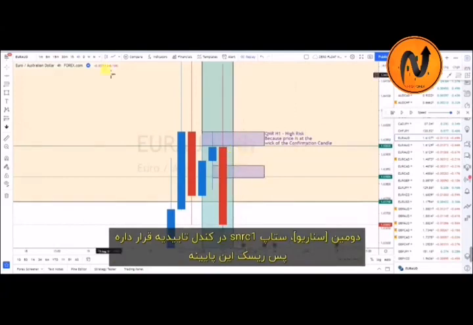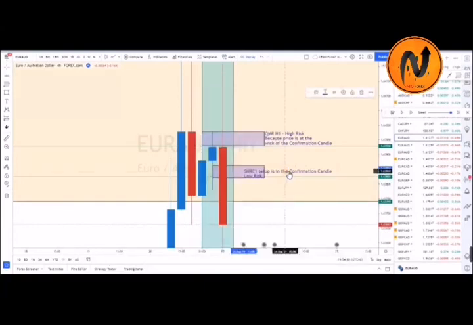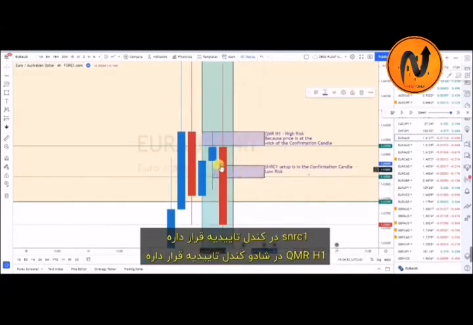Secondly, the SNRC1 is good. Okay, so the SNRC1 setup is in the confirmation candle. So this is low risk. SNRC1 is at the candle of the confirmation. H1 QMR is at the wick of the candle.